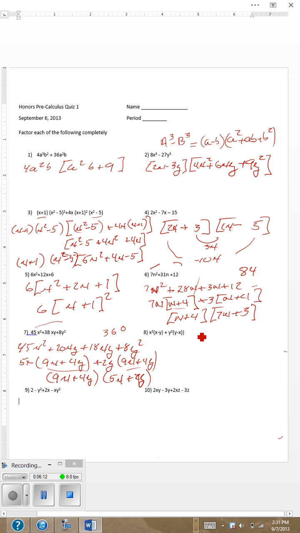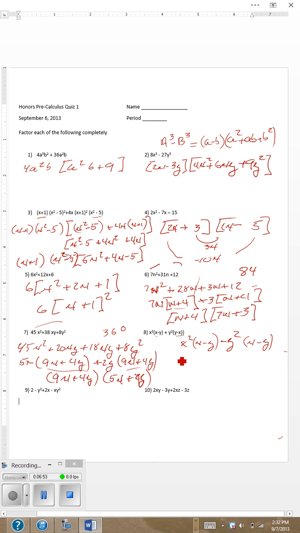Problem number 8. Careful. This reads x minus y, this reads y minus x. They're not the same. They could be made the same, they're opposites. So, if I wanted that second group to read the same as x minus y, I then have to pull out a negative sign and put the negative sign in front of the y squared term.